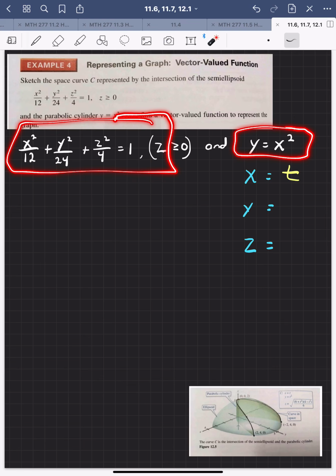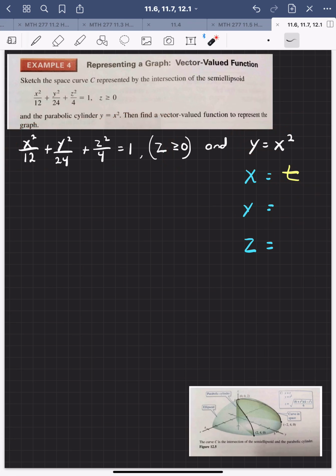But can't you see that if I plug t here for this parabolic cylinder, that I can now form y as a function of t? So I could have plugged t over here for x, but that's not going to help me solve for y. Agreed? Because I would still have y variables and z variables. But if I plug t in for x here, then now I have y is equal to t squared.